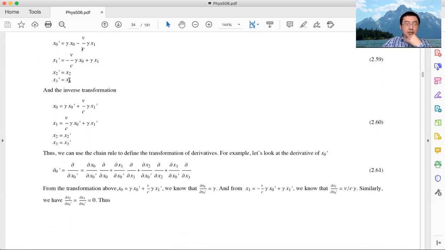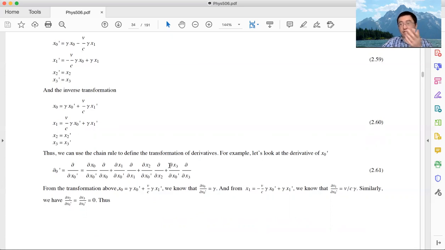And if we know the transformation for coordinates, we can immediately write down the transformation for derivatives, utilizing the so-called chain rule of partial derivatives. We want to calculate the derivative with respect to x prime, and we know x depends on x0, x1, x2, and x3. Then we can take the derivative with respect to x and multiply it by this coefficient, this partial derivative.